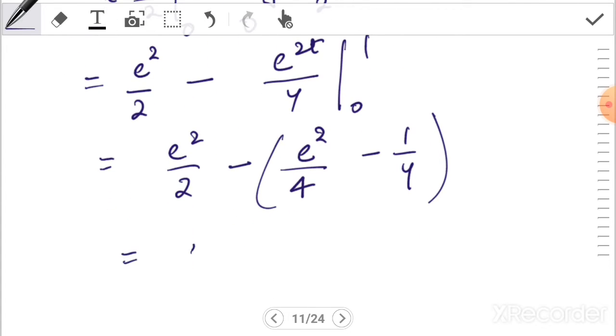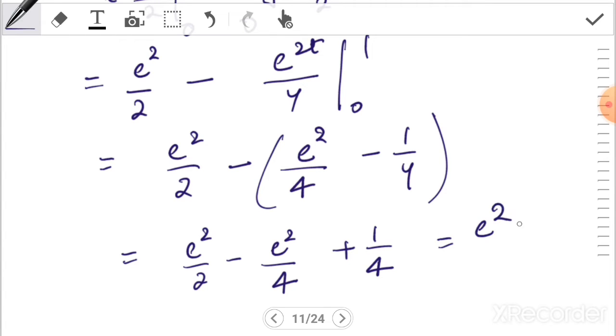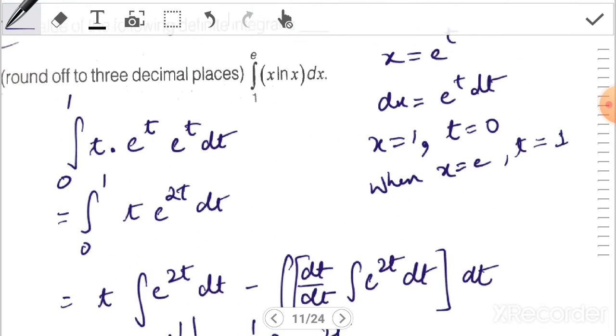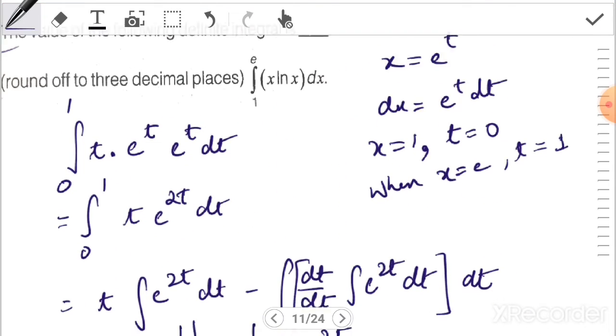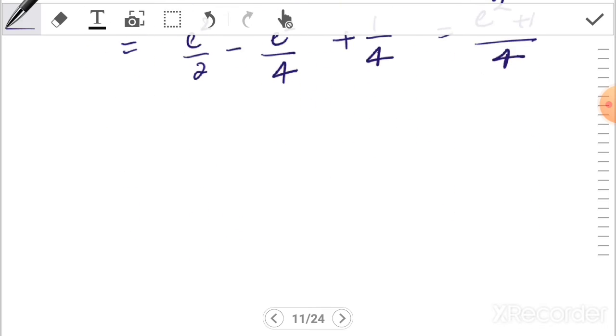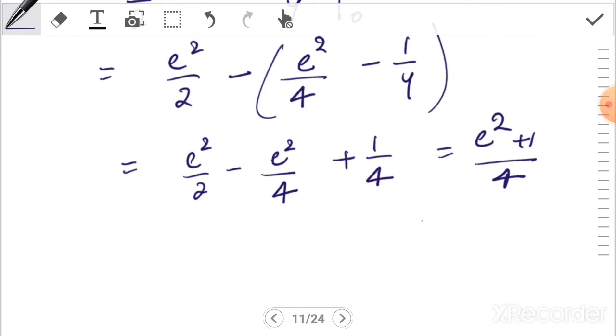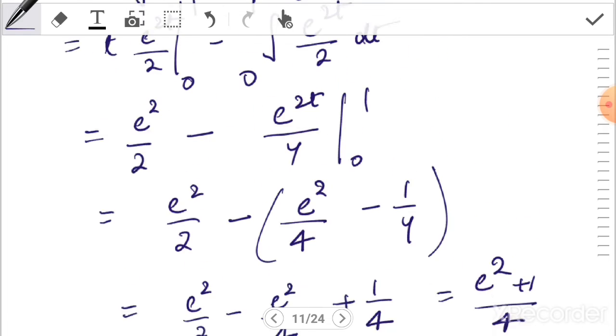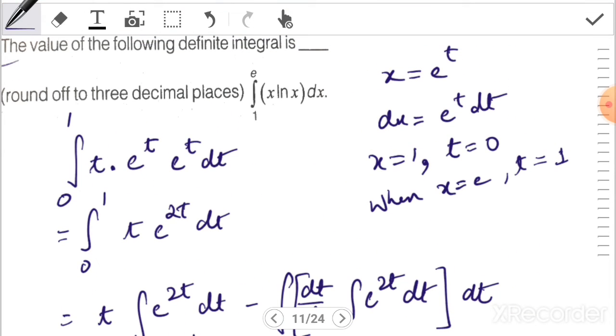So this will be e square by 2 minus e square by 4 plus 1 by 4, which is equal to e squared plus 1 by 4. If you calculate this using a calculator, you will have 2.097 as the answer. Right? Let us go to the next problem.